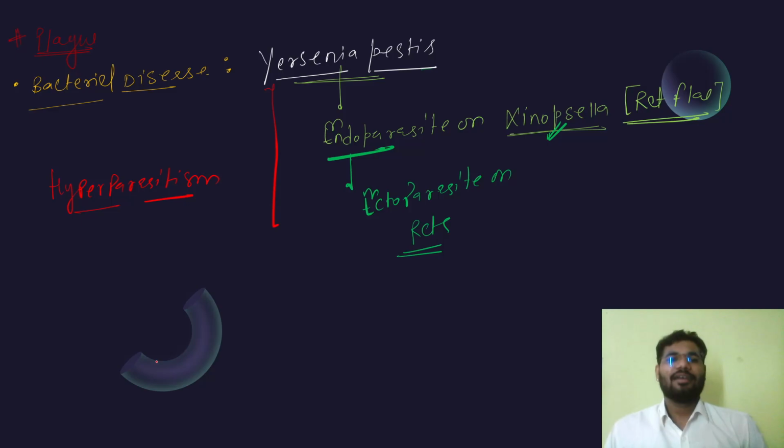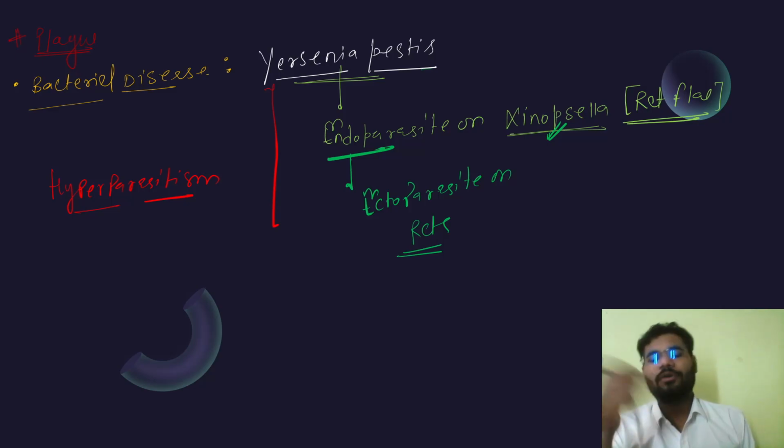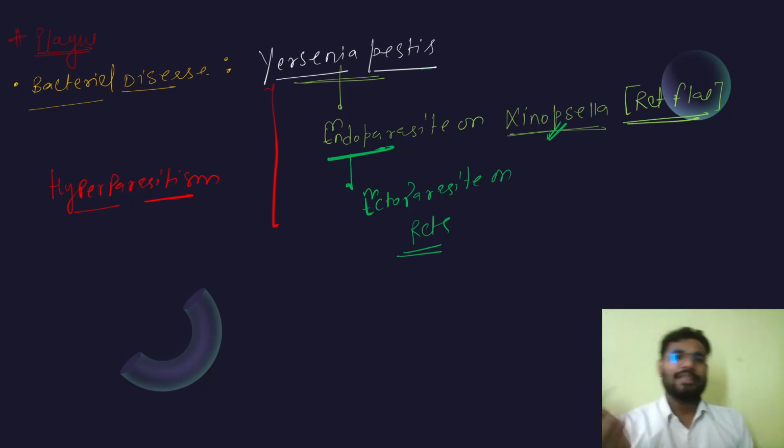That is another thing that we should be aware of about this Yersinia pestis. Again, important. Now let us talk about the symptoms, or how humans get this disease. We know that rats are almost everywhere, and they are more common in places where we store grain, so when they move from one place to another, there are chances that they shed these Xenopsylla. Xenopsylla may also be present in that area.